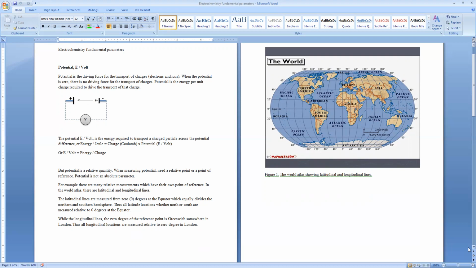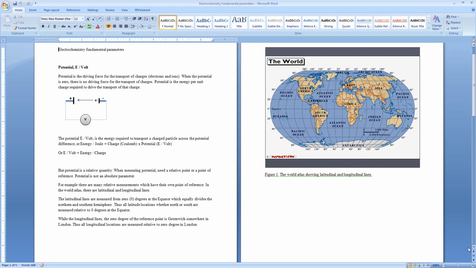For example, there are many measurements which have a point of reference, meaning measurements which are actually relative. If you look at the atlas, you have the latitude lines and the longitudinal lines.